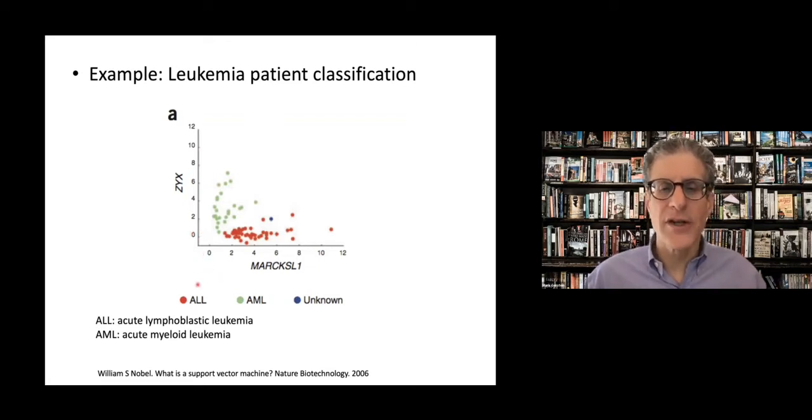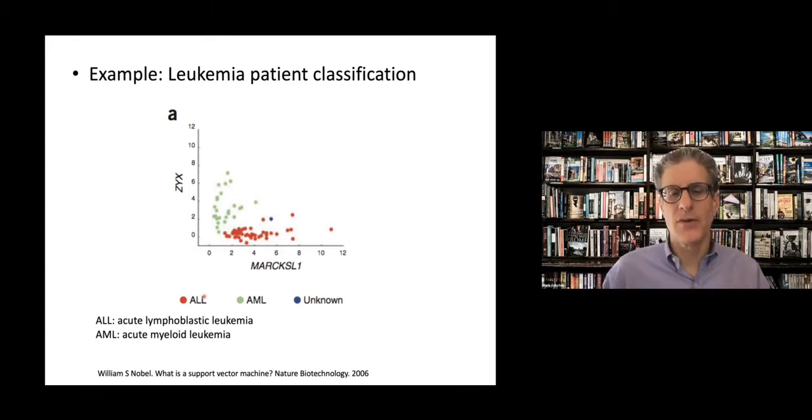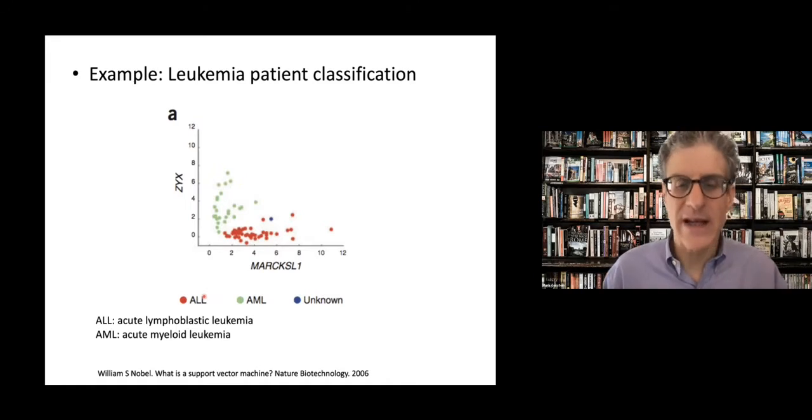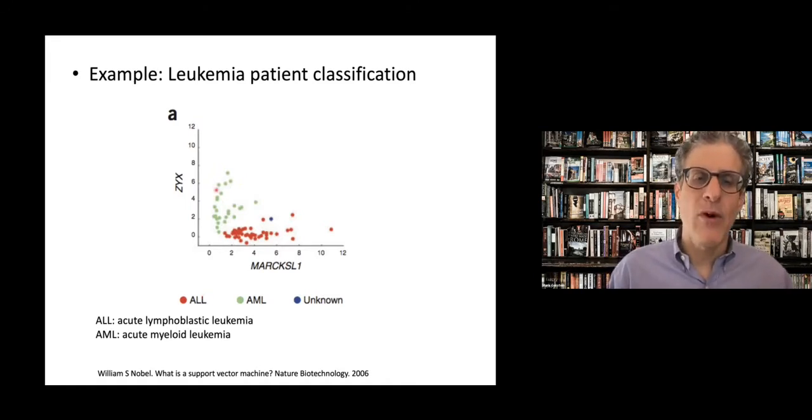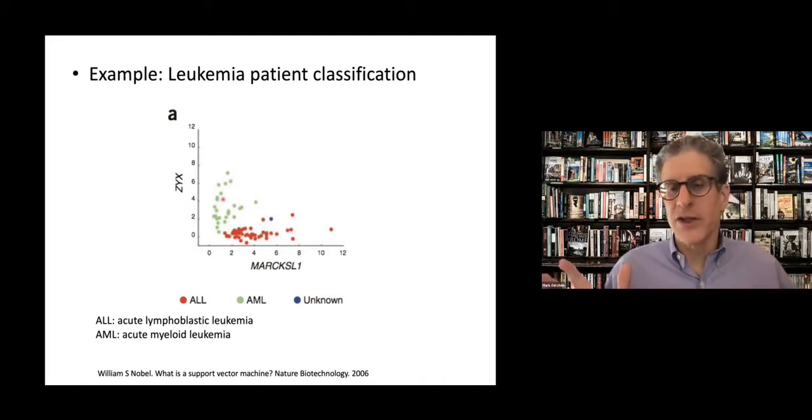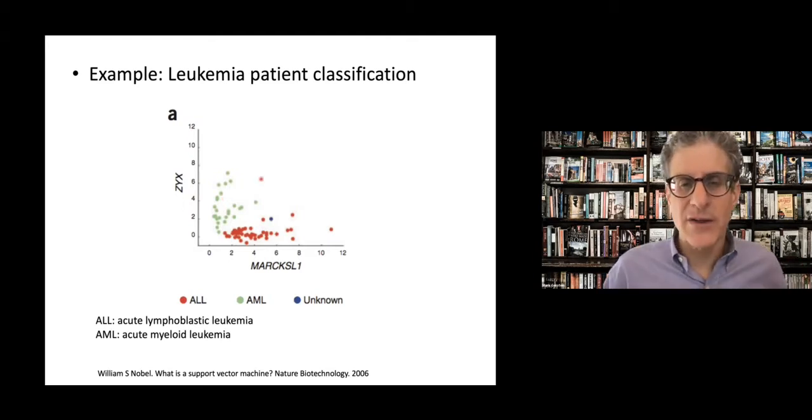we're trying to classify tumor into two different types of leukemia, ALL and AML, okay? And what we can do is look at the gene expression of all these genes, and we can try to see if we can classify it based on that. And so of course, we have some labeled examples, and here's an unlabeled example.